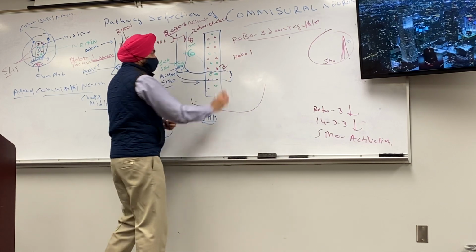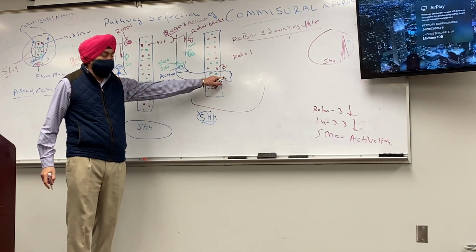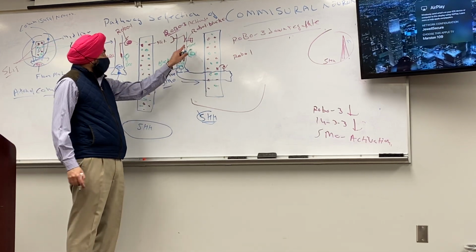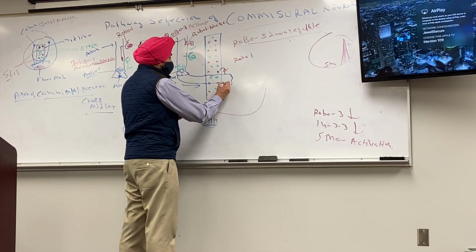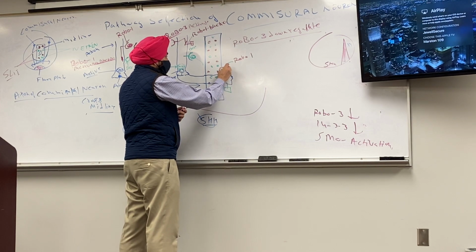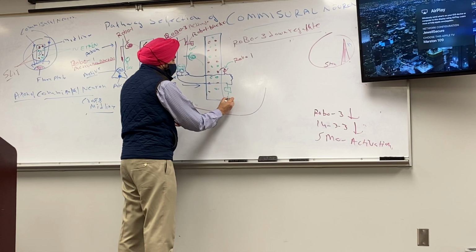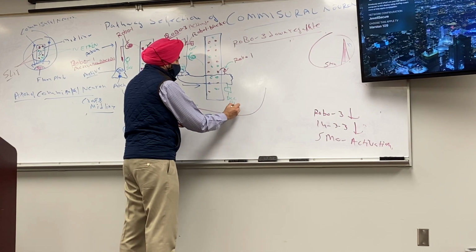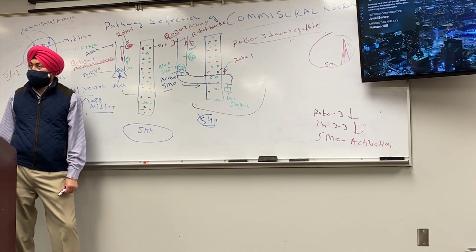slit. And when that is going to happen, Robo1 binding to slit, this is Robo1 active, and this is now DCC blocked, right?